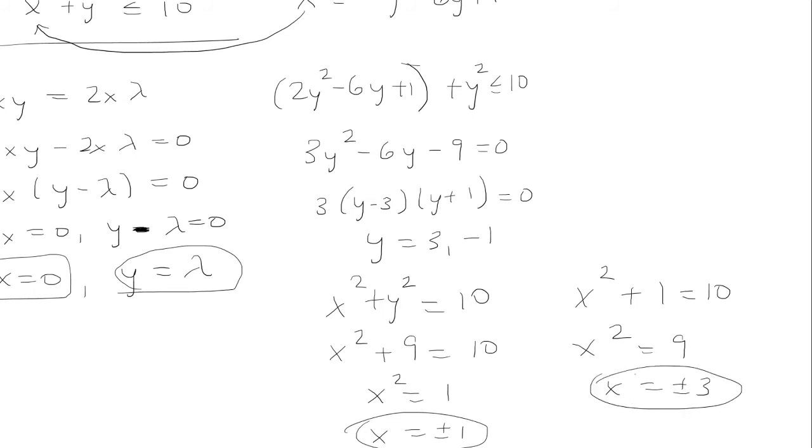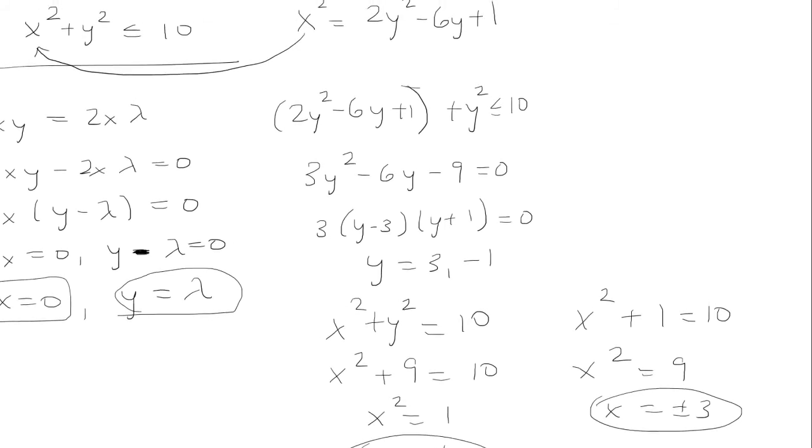Okay, so we have to get all the combinations now. So for x equals plus or minus 1, we plugged in y equals 3. And then for plus or minus 3 for x, we plugged in negative 1 for y.